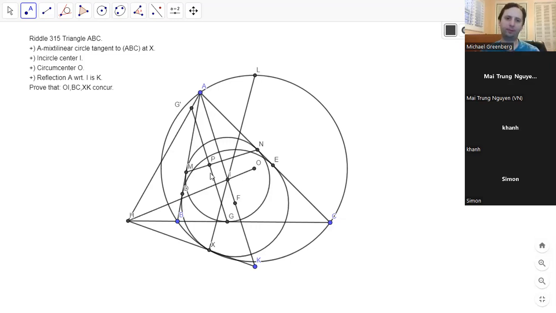So we have P is the midpoint of G prime G, and I is the midpoint of AK, right?